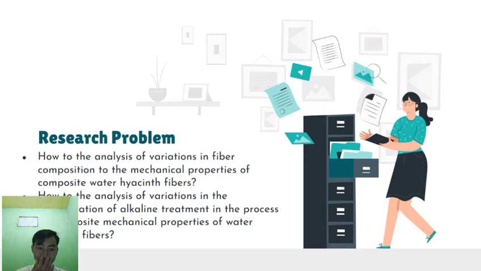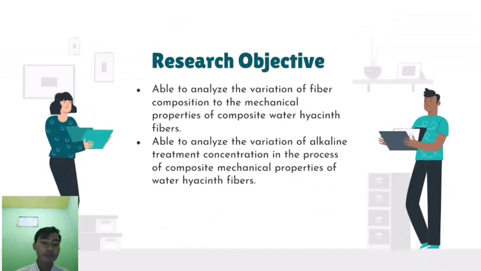Research problem. First, how is the analysis of variation in fiber composition on the mechanical properties of water hyacinth fiber composite? Second, how is the analysis of variation in the concentration of alkaline treatment on the mechanical properties of water hyacinth fiber composite? Research objective.